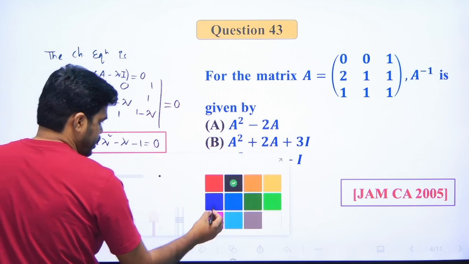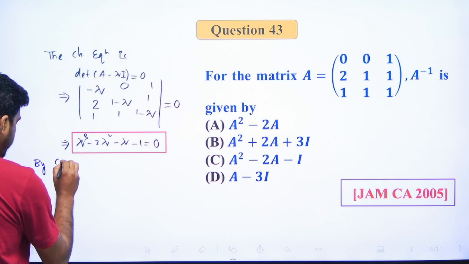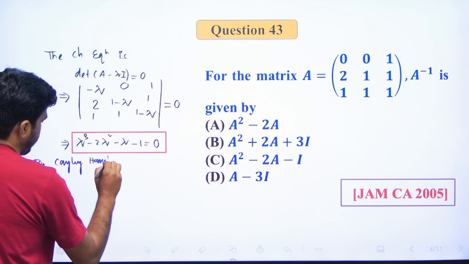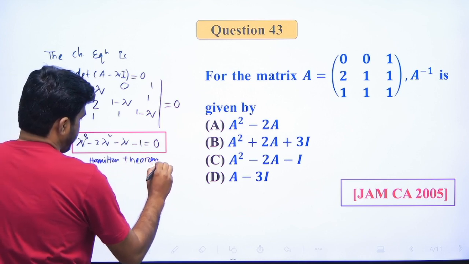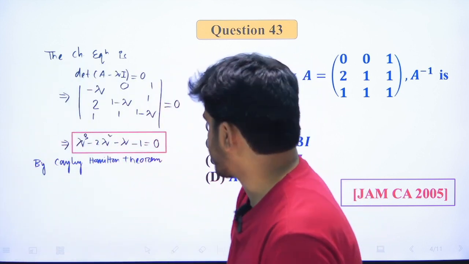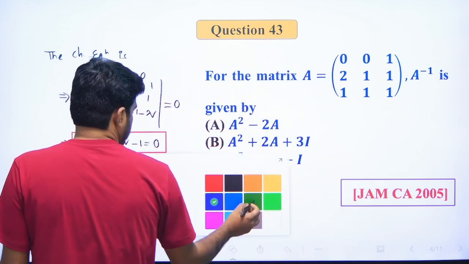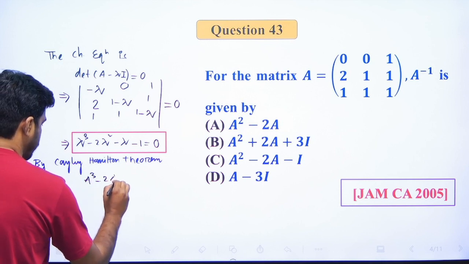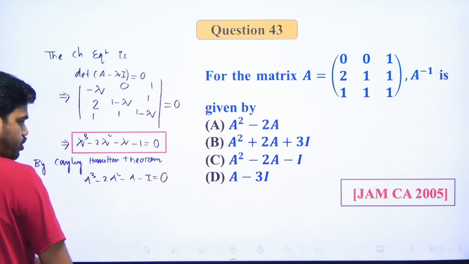Now apply the Cayley-Hamilton theorem. The Cayley-Hamilton theorem states that every square matrix satisfies its own characteristic equation. That means A satisfies this equation, right? So we get A cube minus 2A square minus A minus identity matrix equal to null matrix.